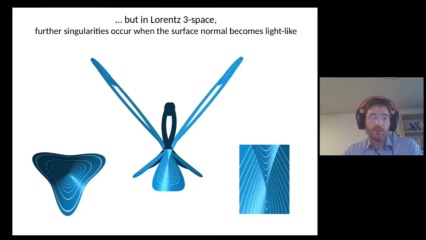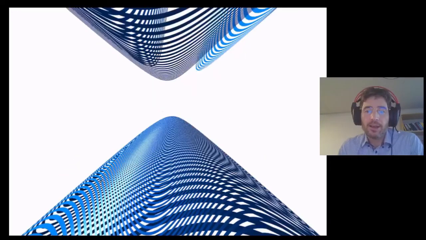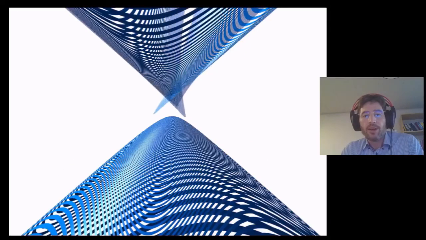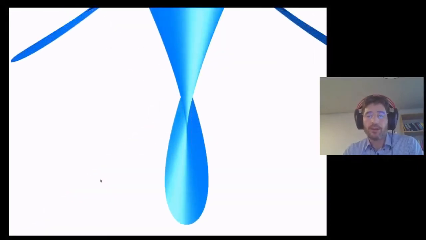So you solve this PDE starting at this central point here where it's regular, and you keep solving it, and eventually the surface develops singularities of two types. One type where it blows up. You can see this in this animation. The surface blows up, and then it comes back in, and then you also get finite singularities here, like these swallowtails and cuspidal edges that you can see here.